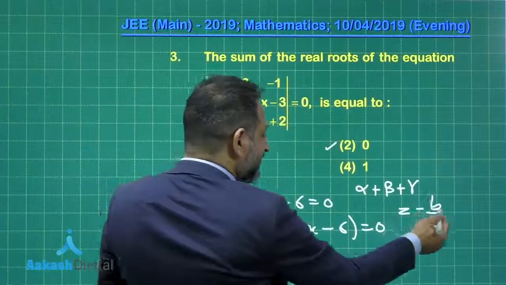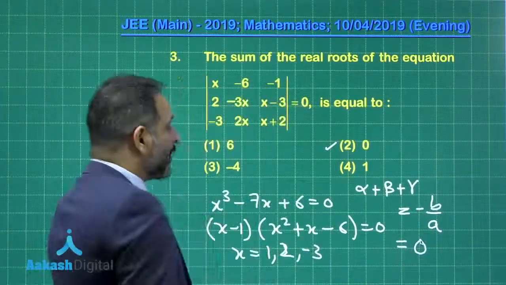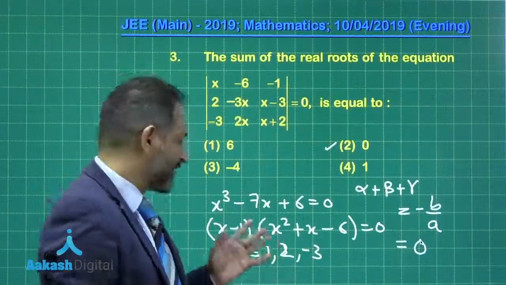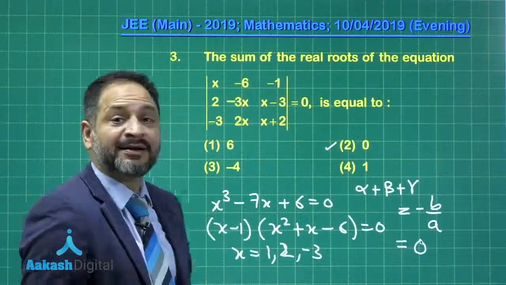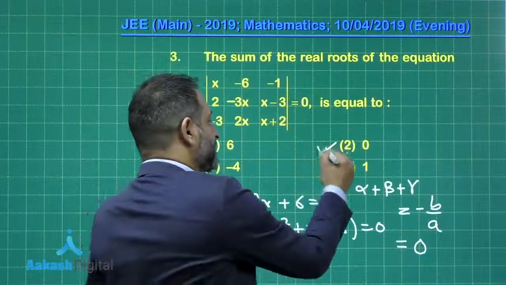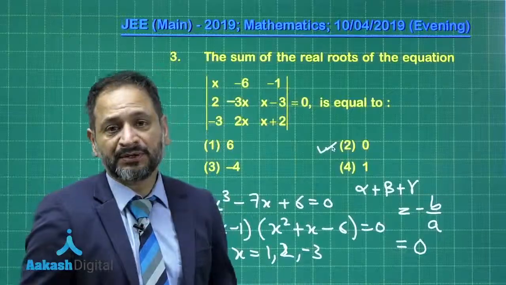So b itself is 0 and a is 1, so simply the sum of the roots again is 0. But I want to make sure that the roots are real, and you can notice all the roots are easily seen by hit and trial. It is 1, 2 and minus 3. So the second option here is the correct one. Let us move on to the next problem.